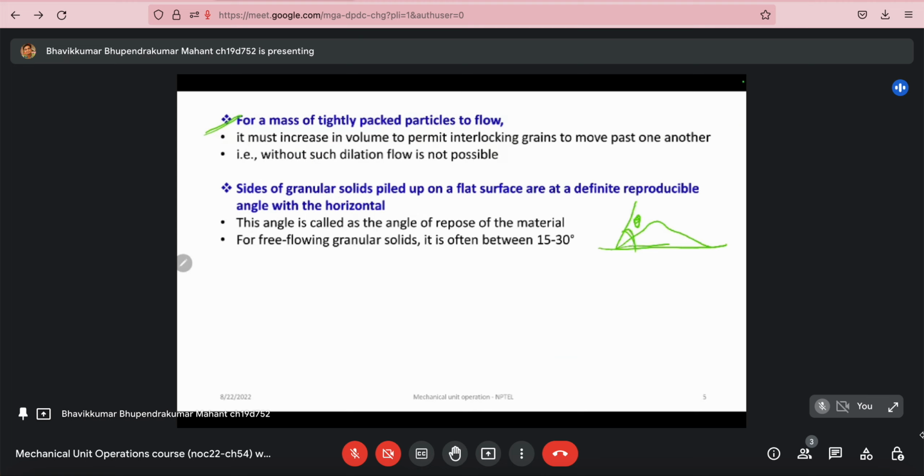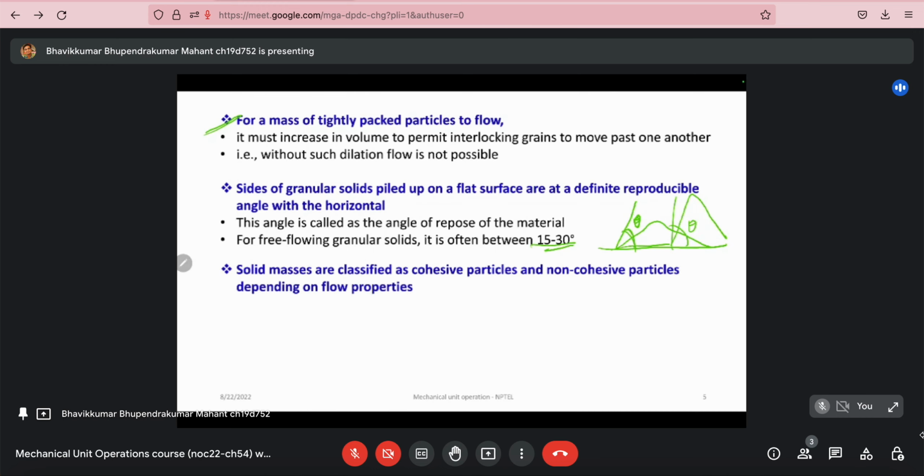This angle also varies depending on which solid you are using. There is a question: for a free-flowing granular solid, what is the value of this angle of repose? If you have any question like that, you can consider this value to be 15 to 30 degrees. But all different kinds of solids have different angles. You need to consider that.